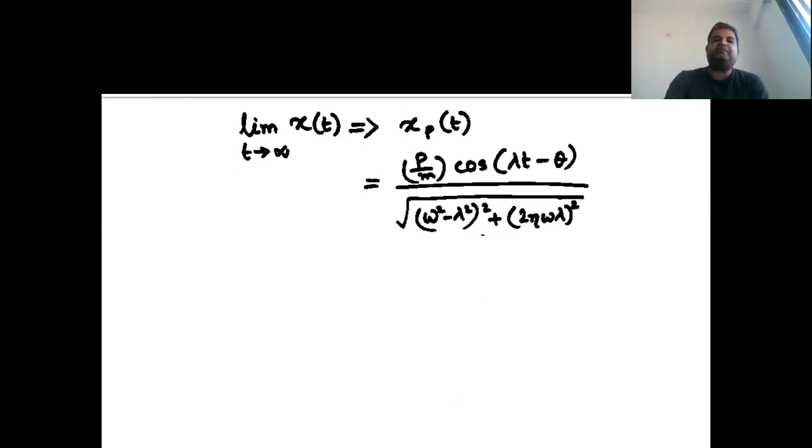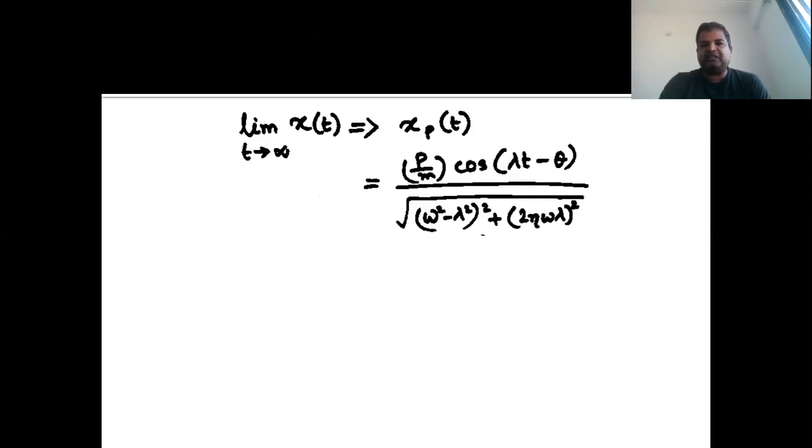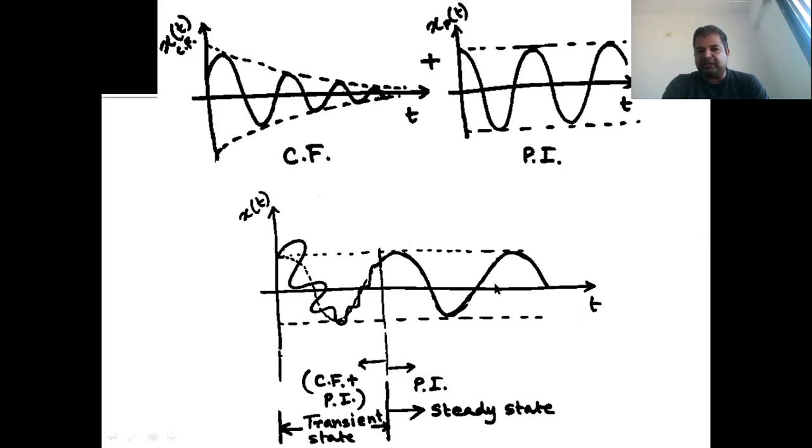Now based on this concept, I am trying to develop the relations for steady state displacement. A very, very important formula. When I say particular integral or steady state, exactly when t tends to infinity, this particular integral becomes the steady state one.